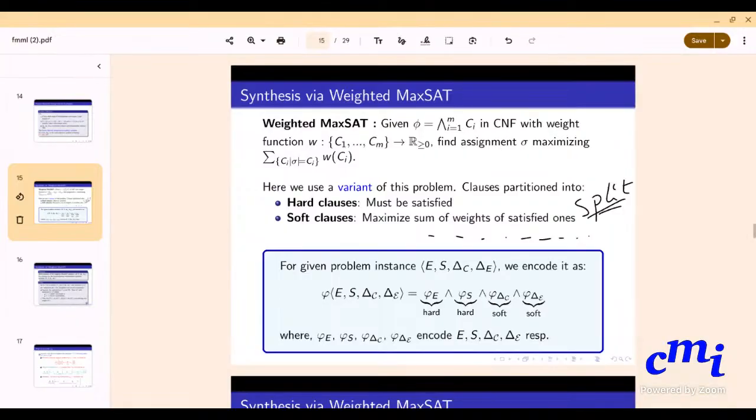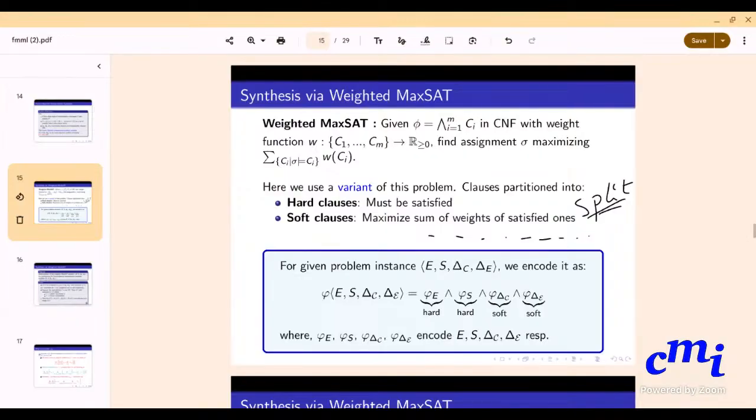So phi E is the syntactic constraint. Phi S is the semantic constraints. These two are saying that, given a C and an E, it will check the hard constraints, and the soft constraints are that, given a C and E, they indeed are the measure.